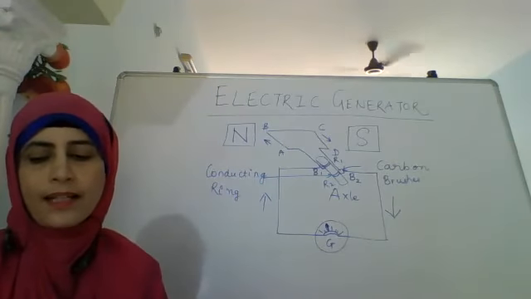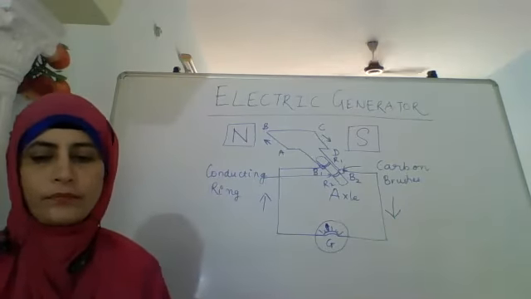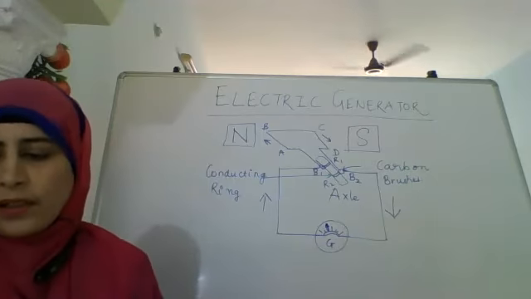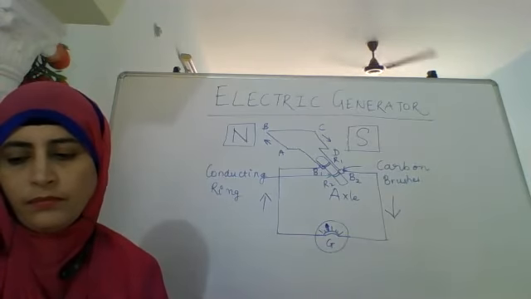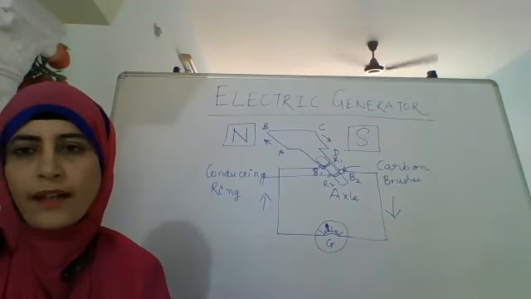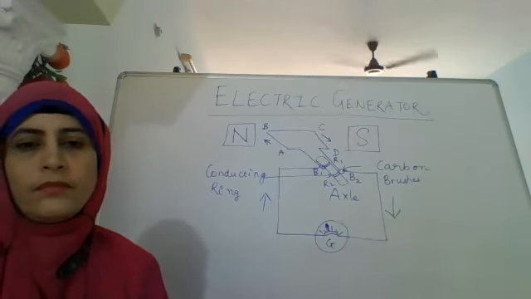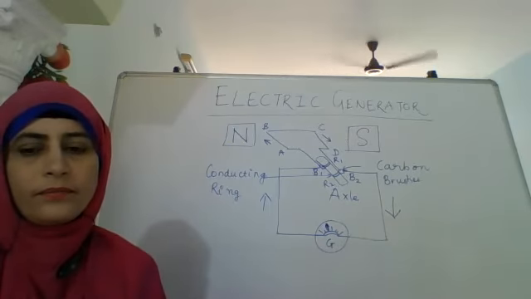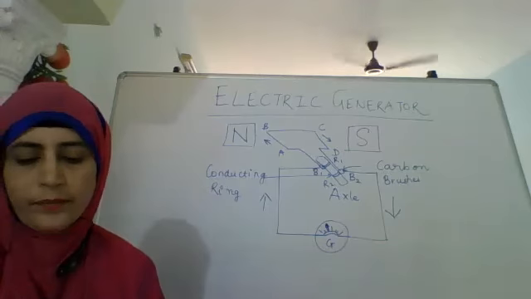The second point within this is DC generator: a generator which converts mechanical energy into electrical energy in the form of direct current is called DC generator.